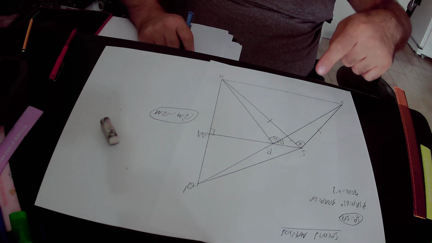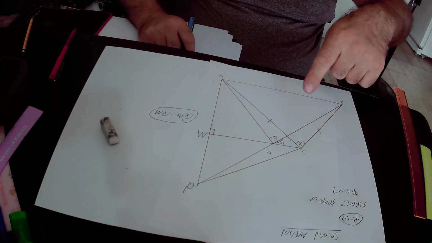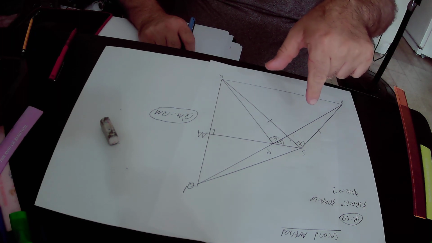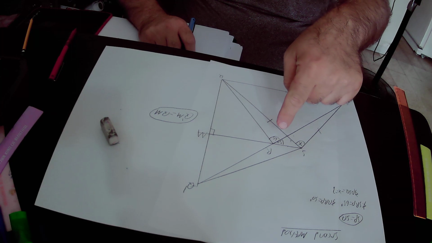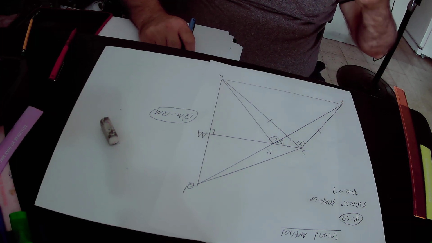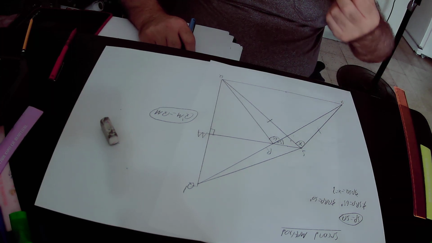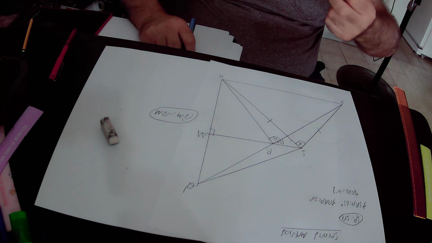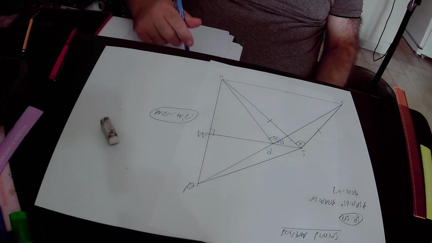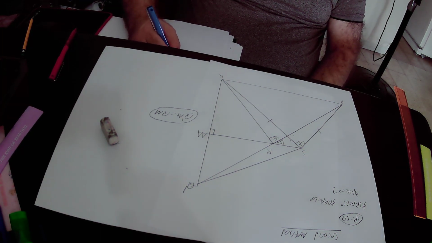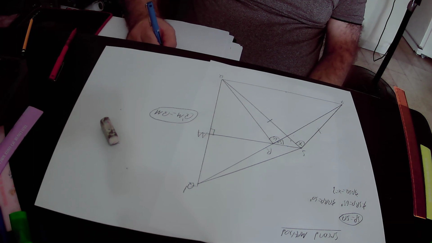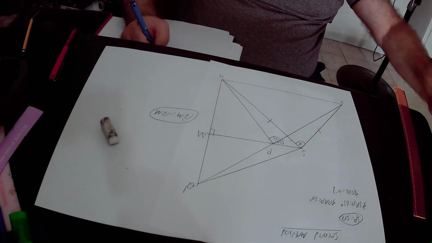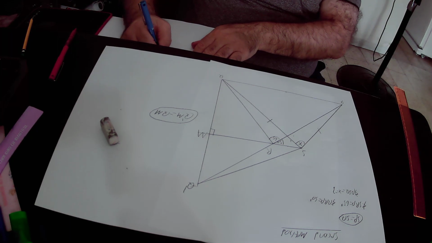So if we focus on the bottom side of the straight line SM at point R, the sum of the angles must be equal to 180 degrees according to the rule that I mentioned.